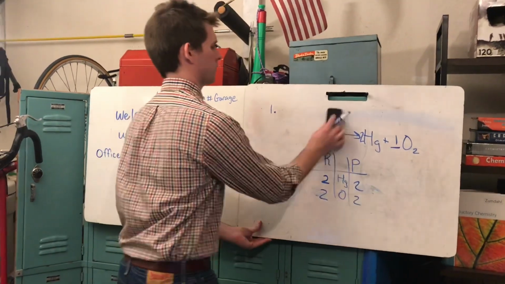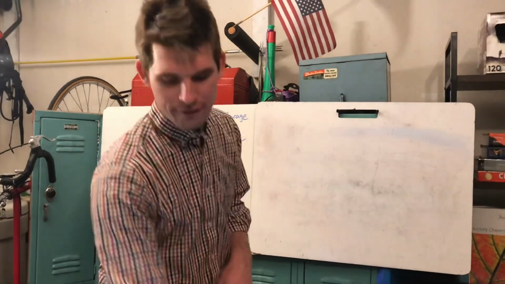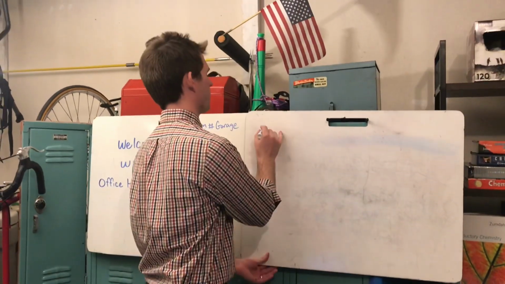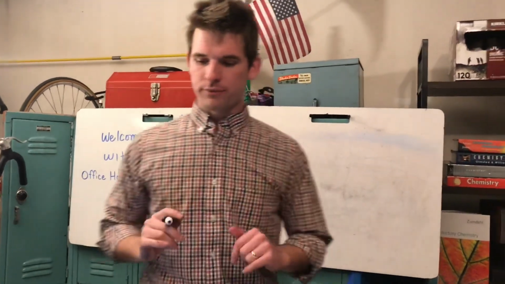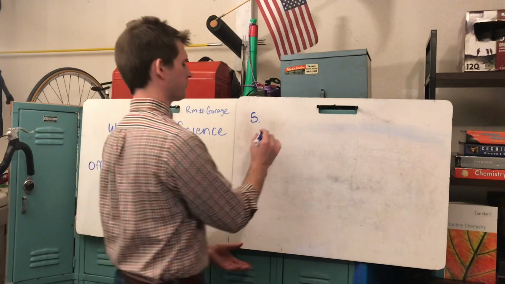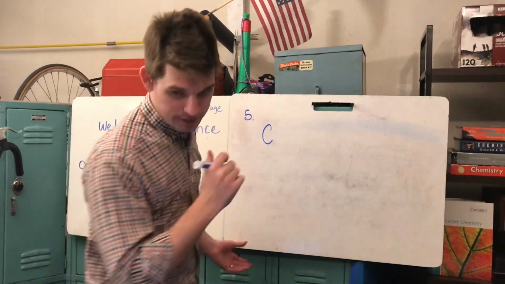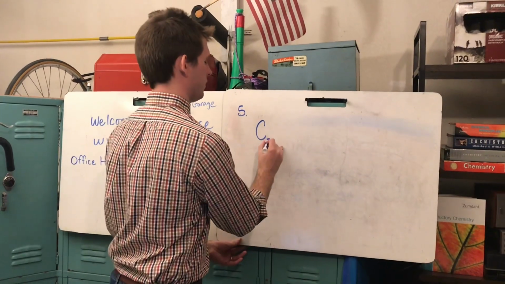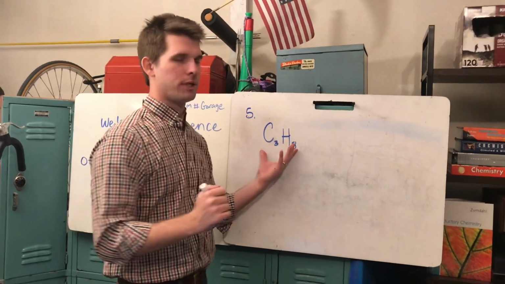All right. The next one that I want to do with everyone is number 5. Number 5 is tricky, and I like it. So, number 5. This is going to be a great question. We've got C3H8. We're looking at a classic combustion reaction.